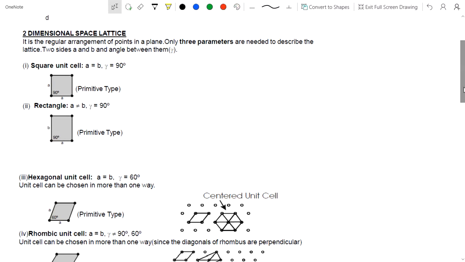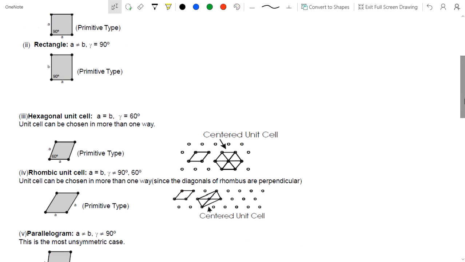The third type of unit cell is called hexagonal unit cell, in which the sides are equal but the angle is 60 degrees. You can actually look at the arrangement. Why is it called hexagonal? It is because if you join 1, 2 and 3 unit cell, which I will just mark in red color for simplicity.